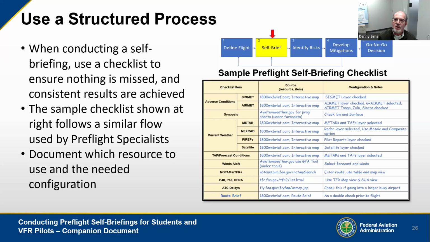And as I said before, we encourage you to do a self-briefing, but after you've done that, follow up with flight services. Are they seeing the same thing that you're seeing? Are you consistent? Have you interpreted things correctly? Again, just a great resource. If you've done your homework ahead of time, then you can utilize the Leidos flight services to your advantage.